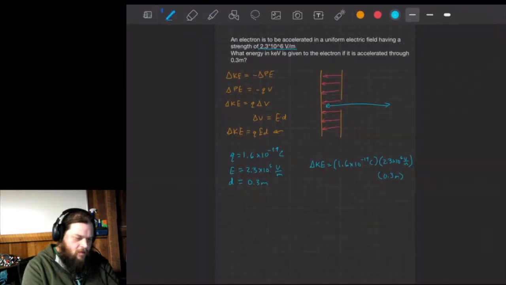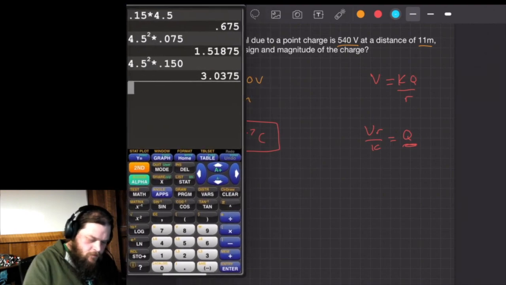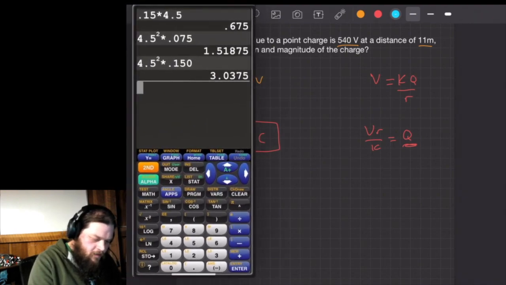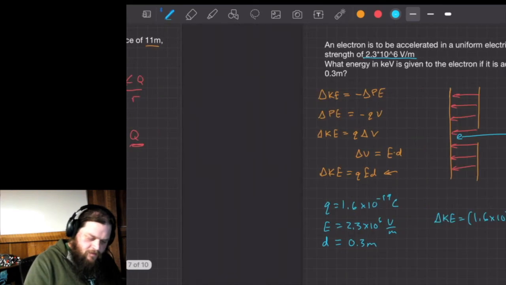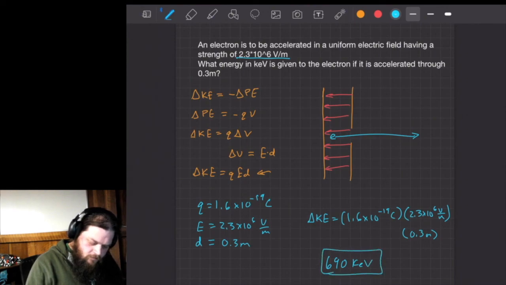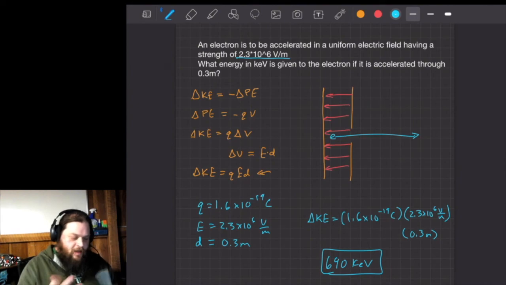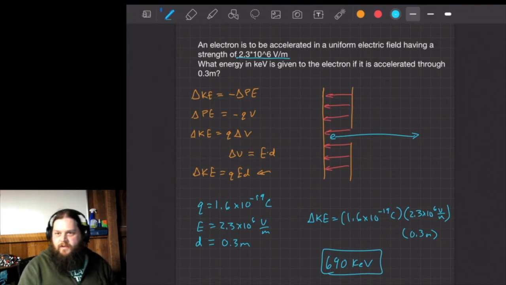So 690,000. And that is the energy that's given to the electron just by being in that electric field.